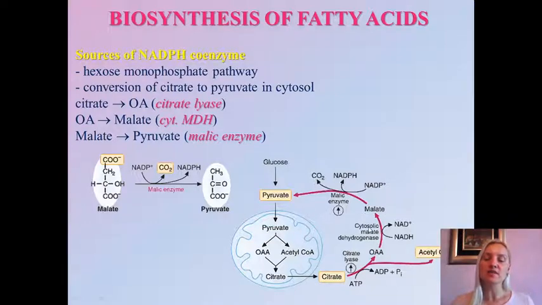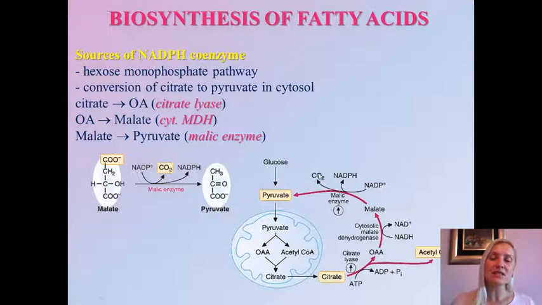So under the action of cytosolic malate dehydrogenase, which is NAD-dependent enzyme, oxaloacetate is converted to malate. And then malate does not enter the Krebs cycle, but rather malate is converted to pyruvate by malic enzyme, and the reaction is oxidation and decarboxylation. Malic enzyme is NADP requiring enzyme. So if you can see, we get pyruvate, which can enter again mitochondrion and close the cycle, but we also get NADPH coenzyme for the biosynthesis.